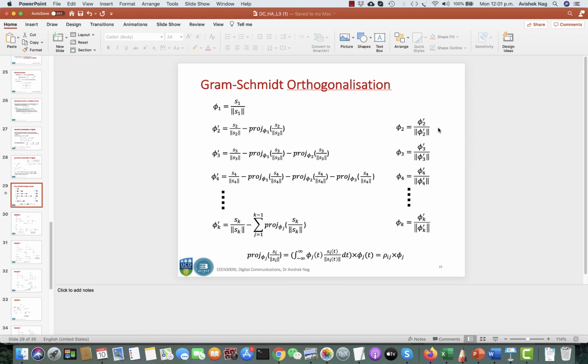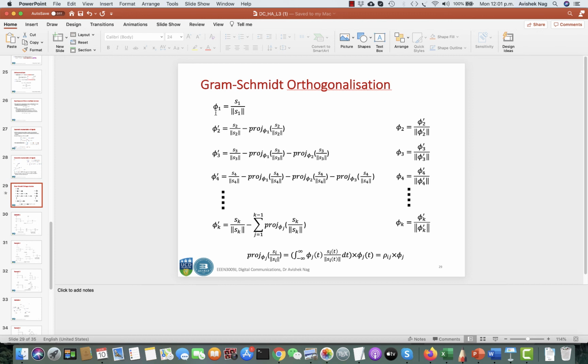Every time you start calculating a new direction or a new basis function phi k, you are trying to remove the projections of all the other directions on a particular signal. So that's what is happening.